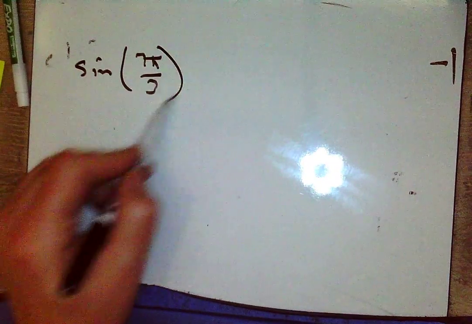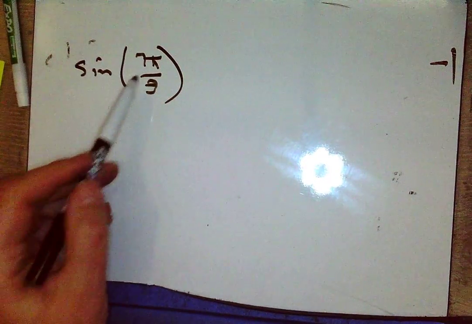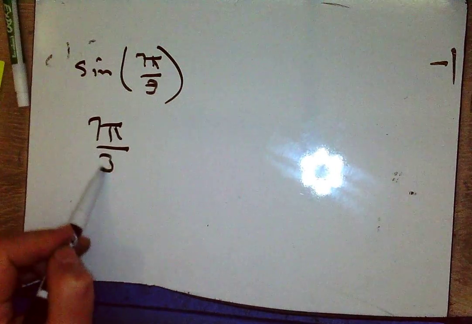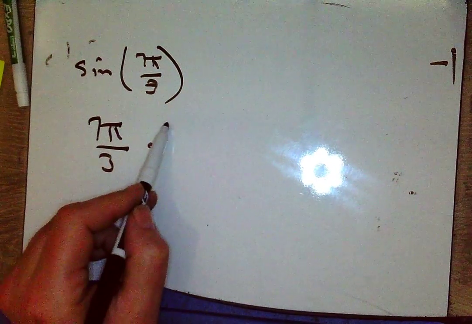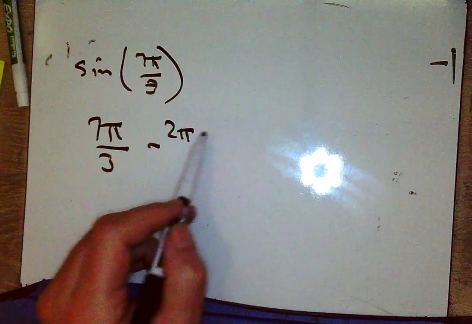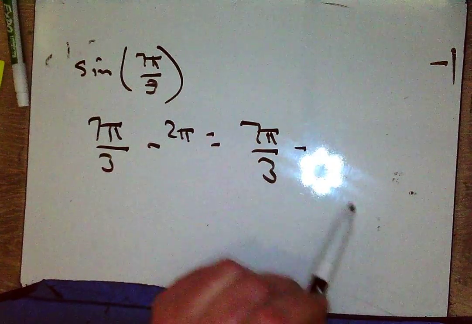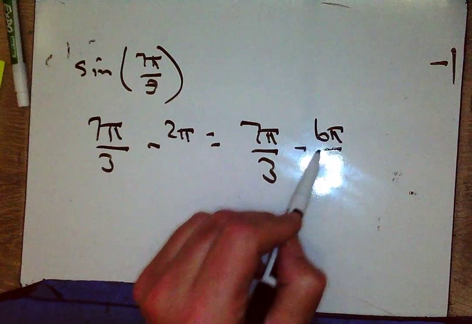How about sine of 7 pi over 3? Again, I don't recognize this from the unit circle, so I'm going to subtract 2 pi. 7 pi over 3 minus 6 pi over 3.